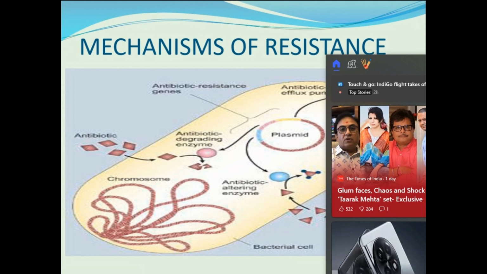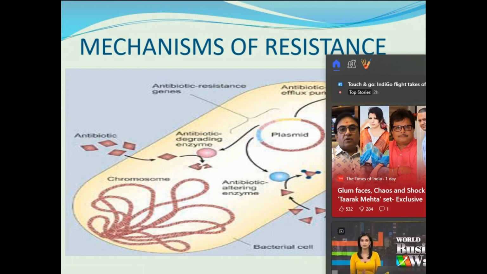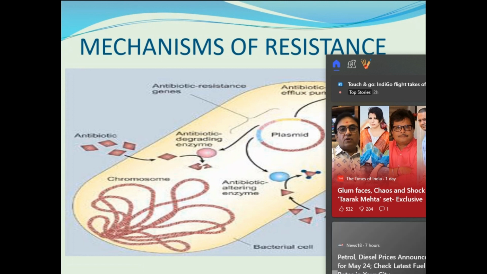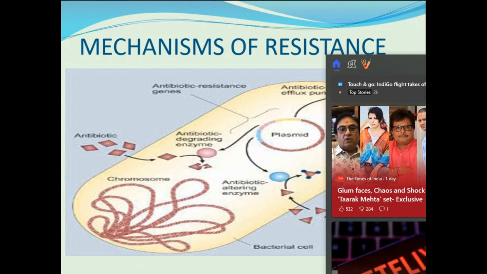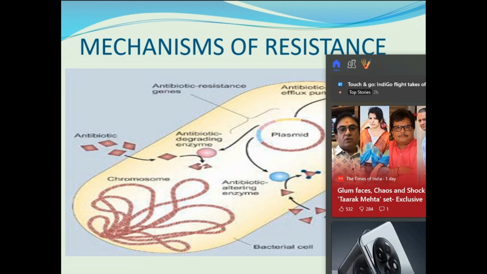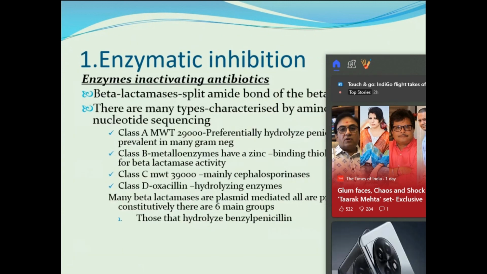One may be inappropriate antibiotic, maybe the duration was wrong, maybe the dose was wrong, maybe the way and the method was wrong. Maybe we have given a broader spectrum antibiotic to treat an organism which required a narrow spectrum. So multiple factors are there which are causing this resistance.